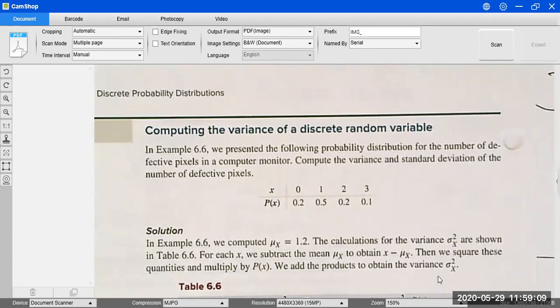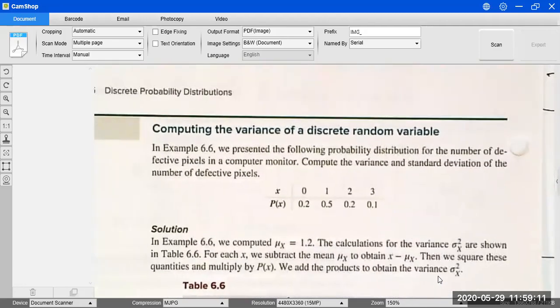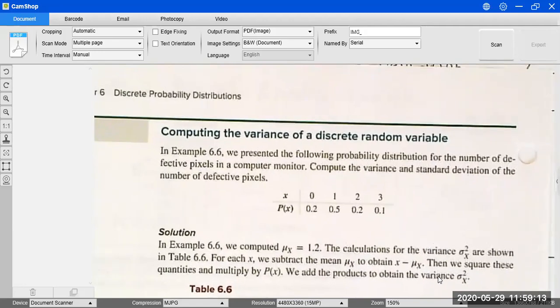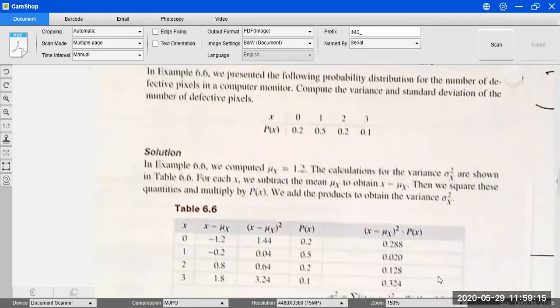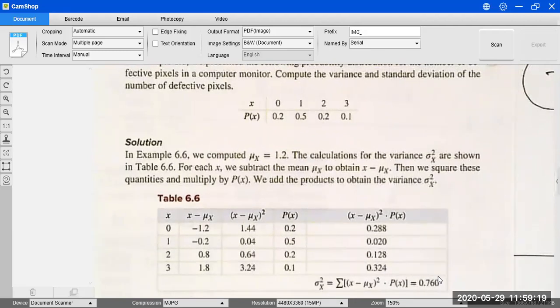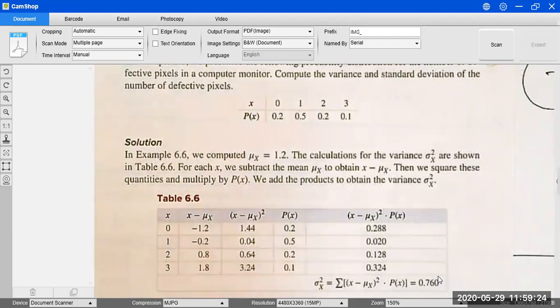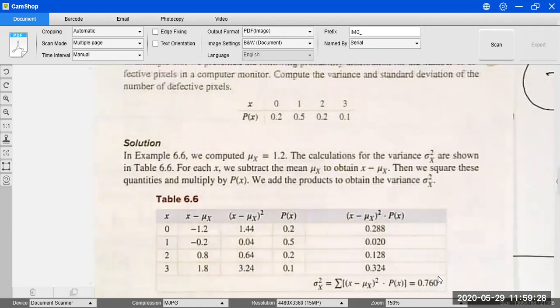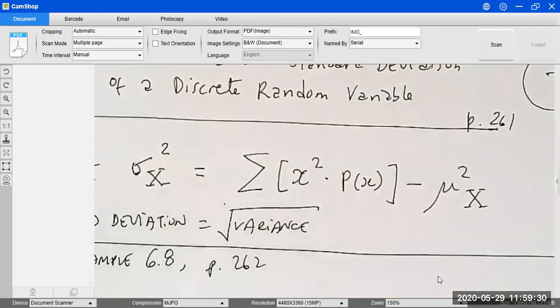Now we're going to do it by using R. If you want to check the solution that your book provides, it's a lot of computations. That's one way to do the problem. But in both cases, you're going to need to compute first the mean. So let's do it by using R.